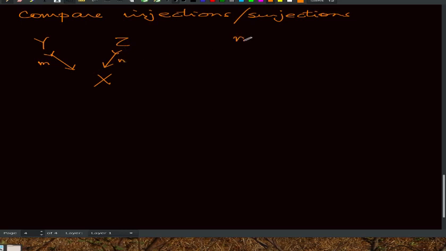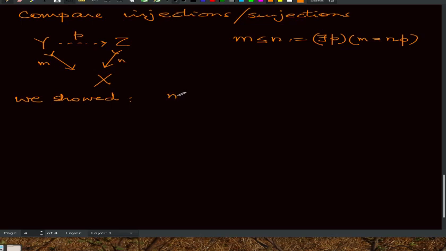We said that M is less than or equal to N to mean the existence of P such that M is equal to NP. Yeah? And remember, we showed it is reflexive.